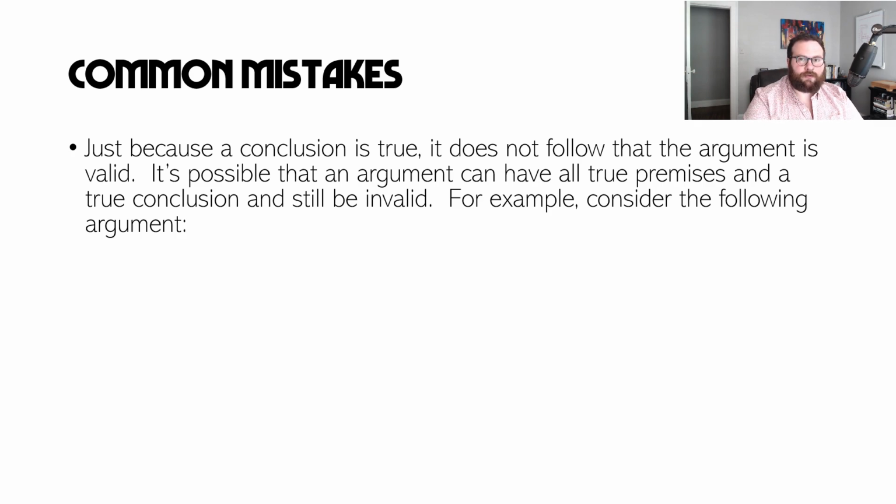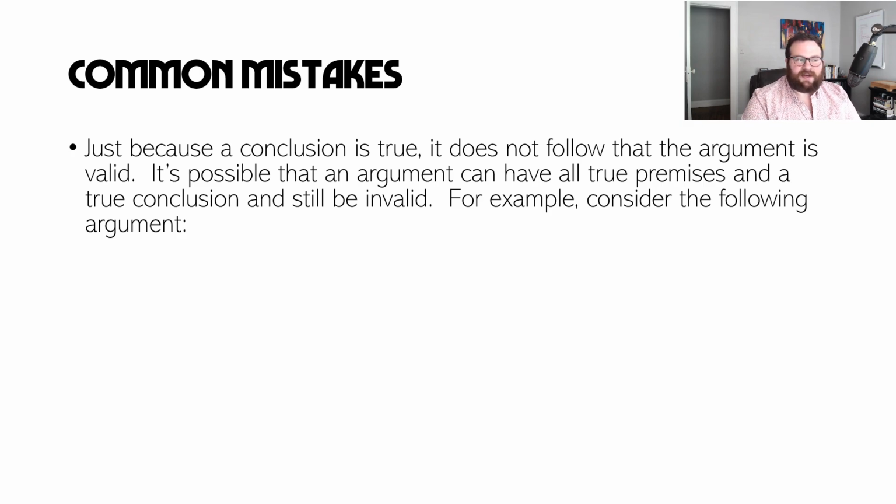Validity in the colloquial notion, meaning something like reasonable, is not at all what we're doing here. Again, validity is a test of the structure of an argument. It says an argument is valid if and only if the premises would guarantee the conclusion. That's it, right?